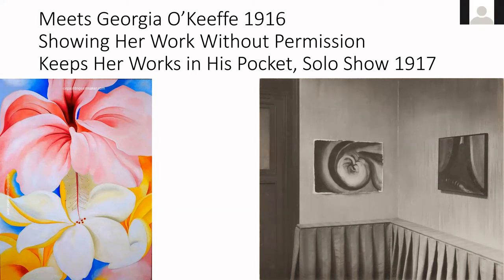Well, she's quite furious about this, comes in and demands that he take the work down. And he says, there's no way. It's just like you having a child in the world and saying, nobody else can ever see this child. These works have to be shown. They have to be out there in the world. It's very critical.